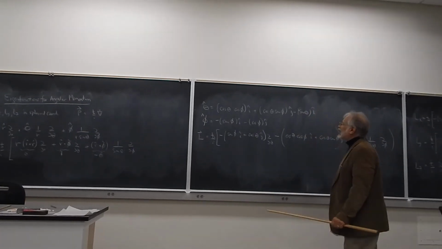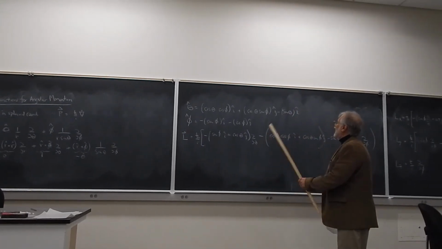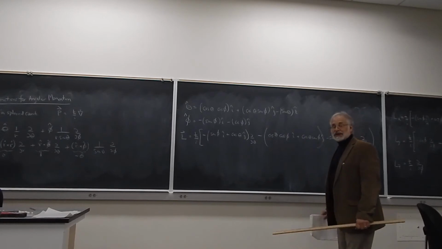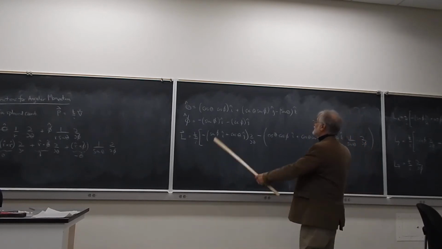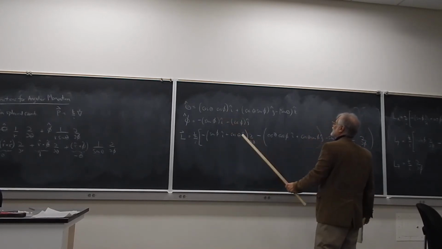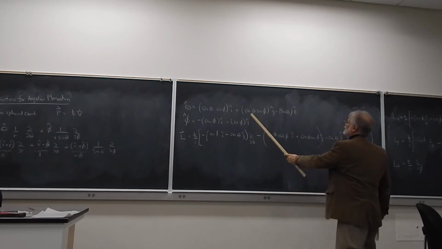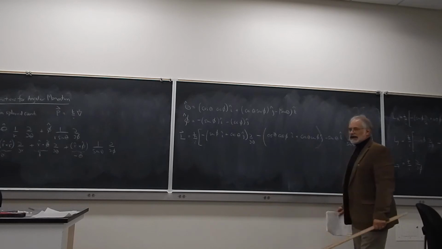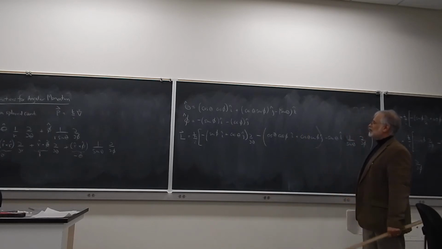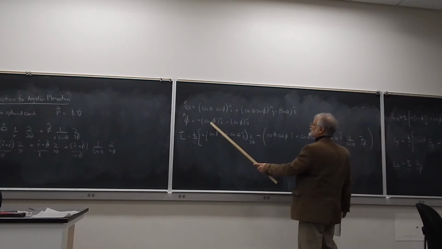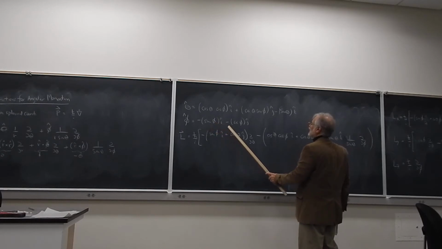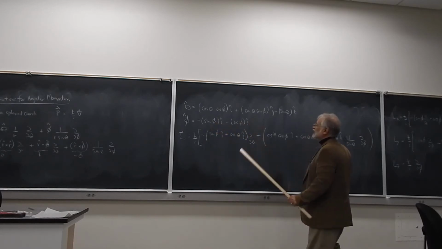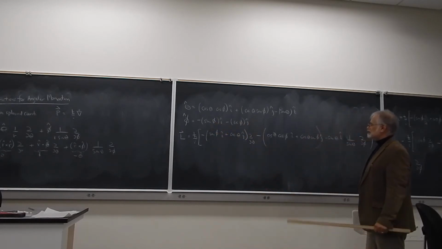Theta hat and phi hat in terms of i, j, and k components, as though we're in Cartesian coordinates. And this is what results: for theta hat, cosine theta cosine phi in the i direction, cosine theta sine phi in the j direction, minus sine theta in the k direction. For phi hat, we get minus sine phi in the i direction, and cosine phi in the j direction.